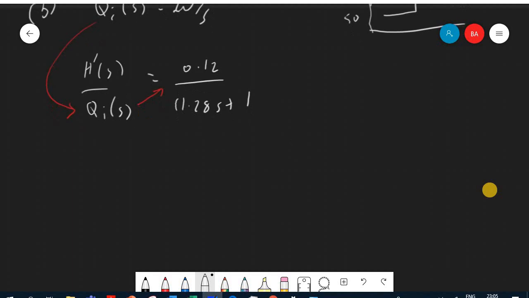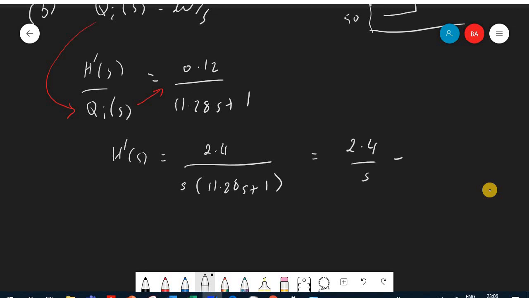So H prime will be equal to 2.4 over S times 11.28 S plus 1. This is if I want to do the multiplication, but why should I do the multiplication and then find the A and B? This is if you want to do the fractional decomposition and so on.